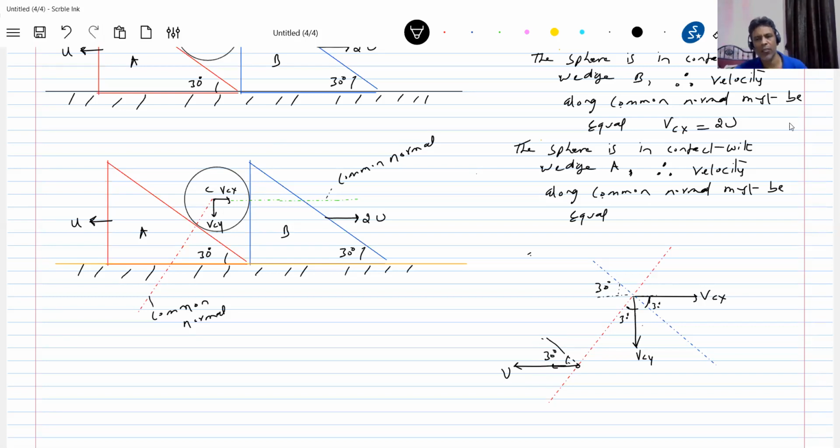Now you equate the velocities. So this is the sphere C, and this is the wedge A. Let me check it. What should I equate now? U sine 30.